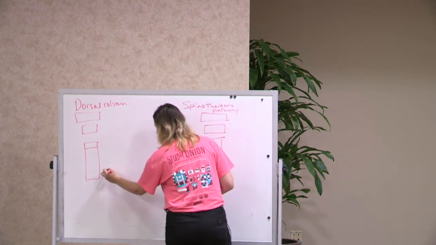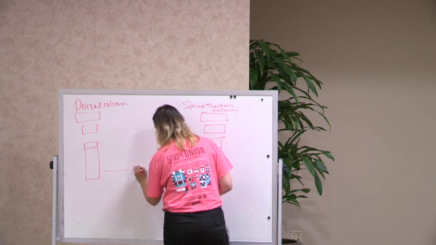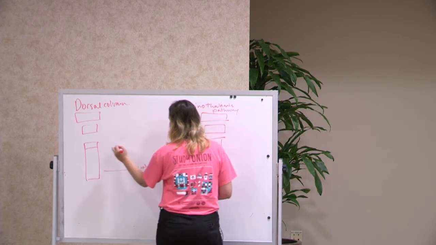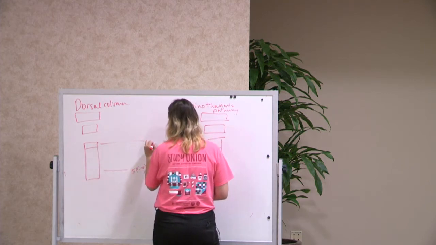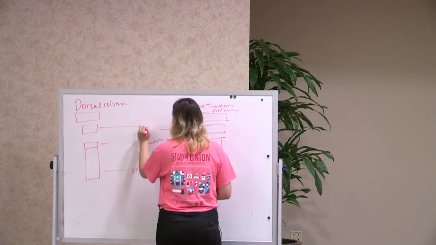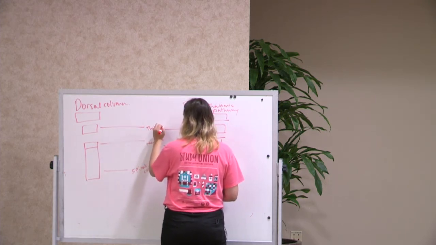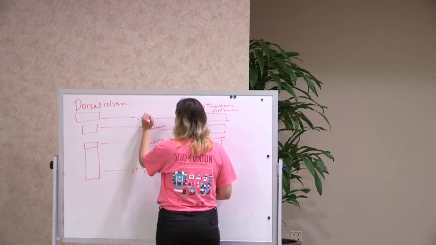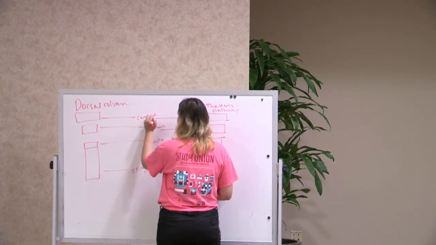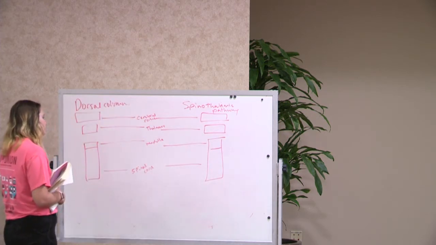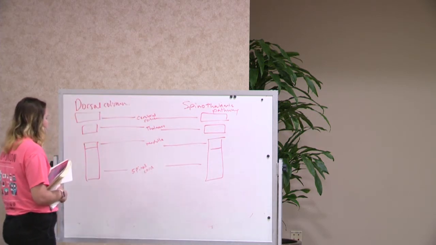So we have spinal cord, medulla, thalamus, and cerebral cortex.